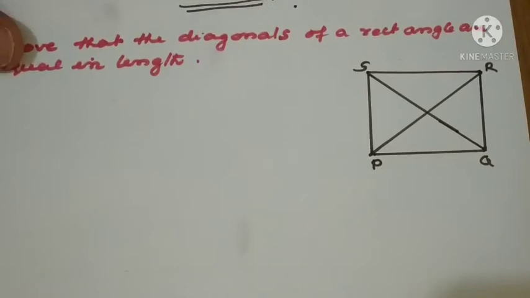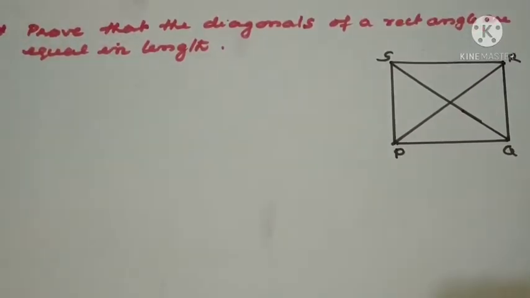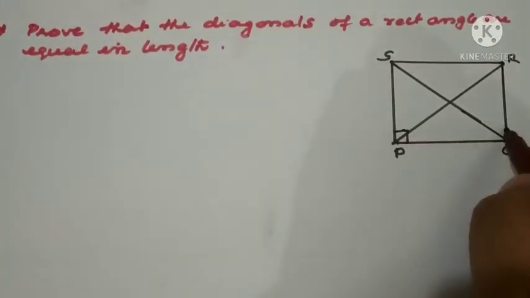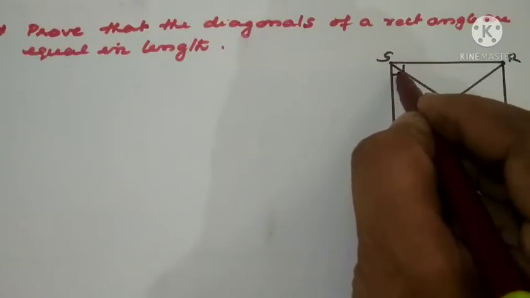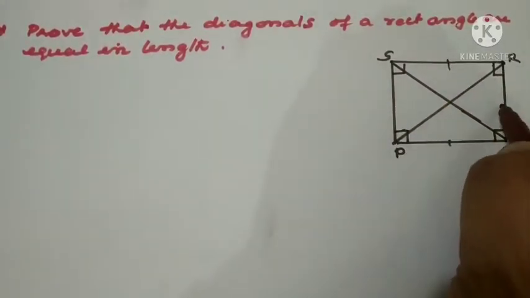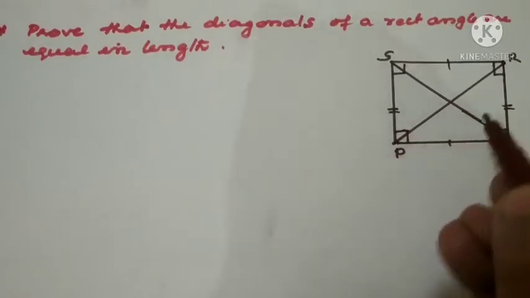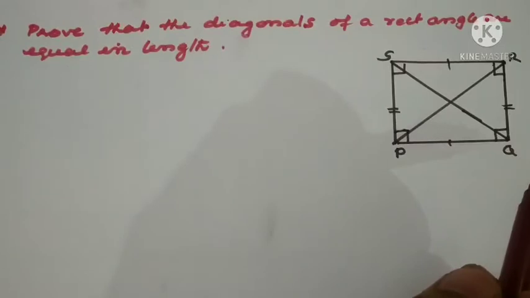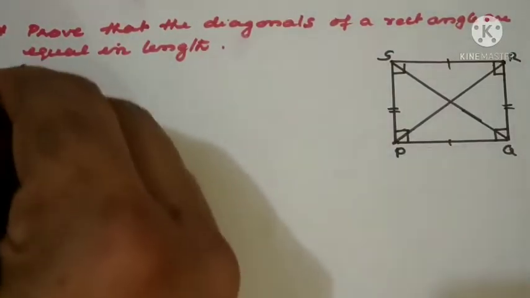Prove that the diagonals of a rectangle are equal in length. A rectangle is given, which means each angle is 90 degrees and opposite sides are equal in length. Now what do we have to prove? We have to prove that PR and QS are equal in length. So what is given?